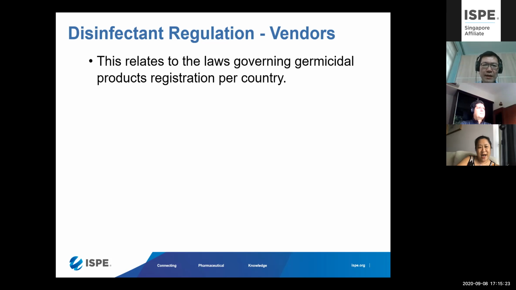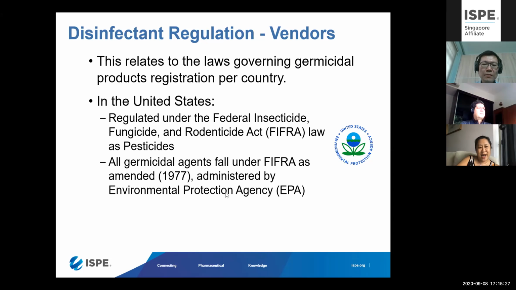For example, in the US, germicidal products are regulated under FIFRA, the Federal Insecticide, Fungicide, and Rodenticide Act, under the pesticide laws.